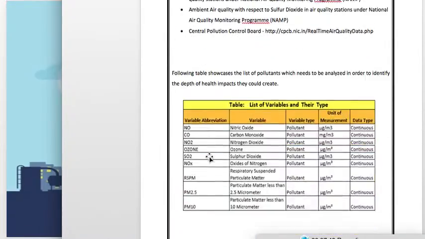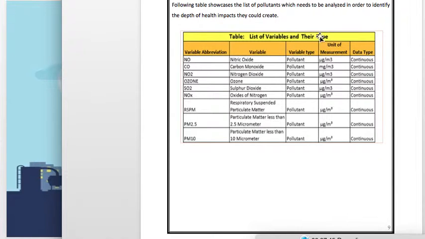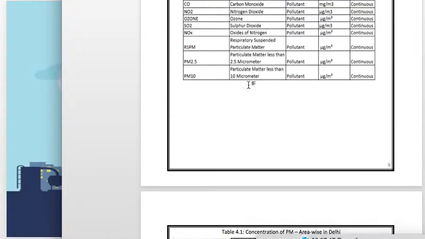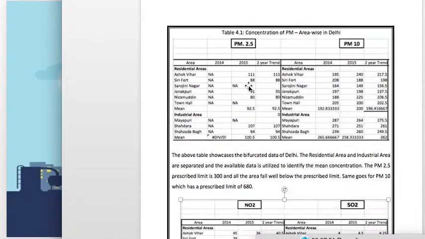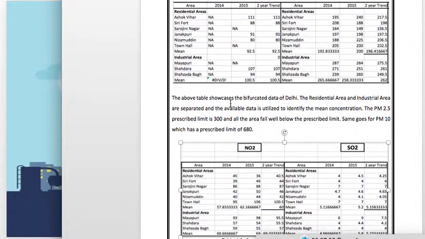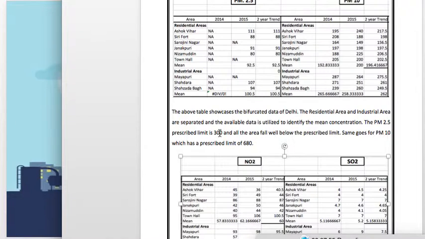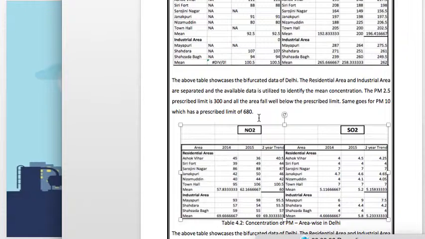So, in the report, I actually tried to map out all the variables and their type, which are the pollutants actually creating havoc for the people. And then, if you would see, the prescribed limit is 300 in case of particulate matter per area. In case of particulate matter 2.5, everything is well within limit.